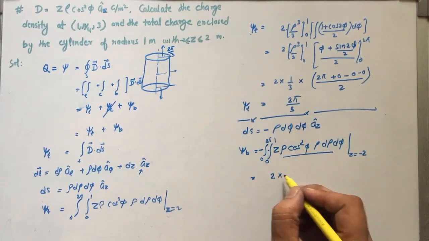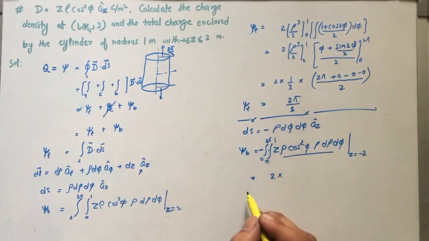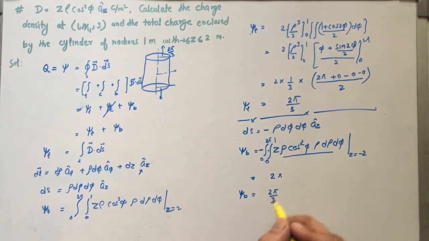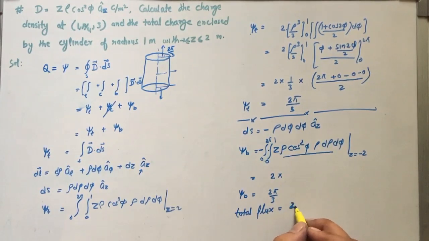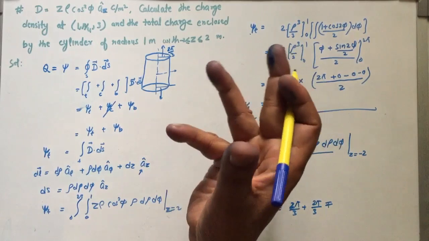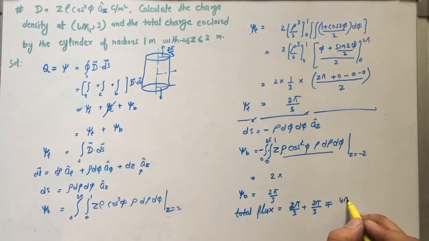So plus 2 times the same quantity, so the flux in the bottom side will again be 2 pi by 3. So total flux will be 2 pi by 3 for the top, 2 pi by 3 for phi b, and plus 0 due to the curved surface, and including all it will be 4 pi by 3.